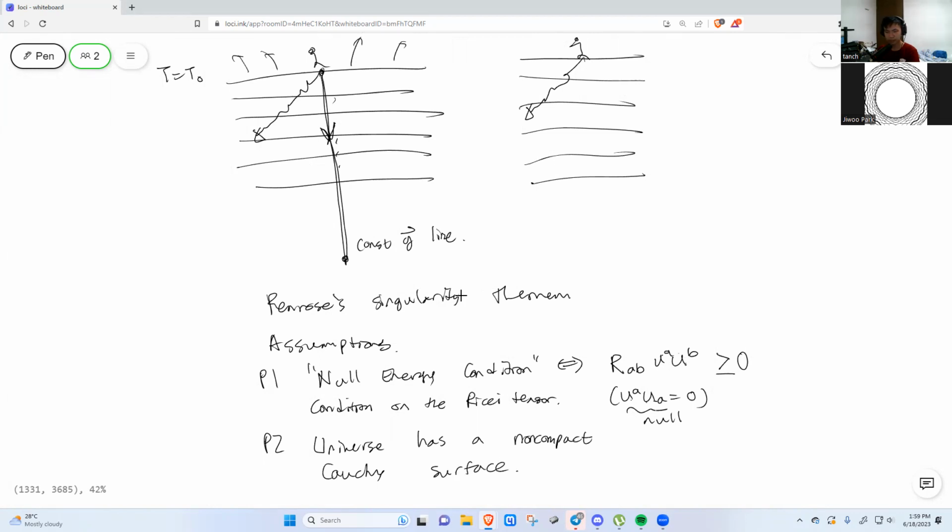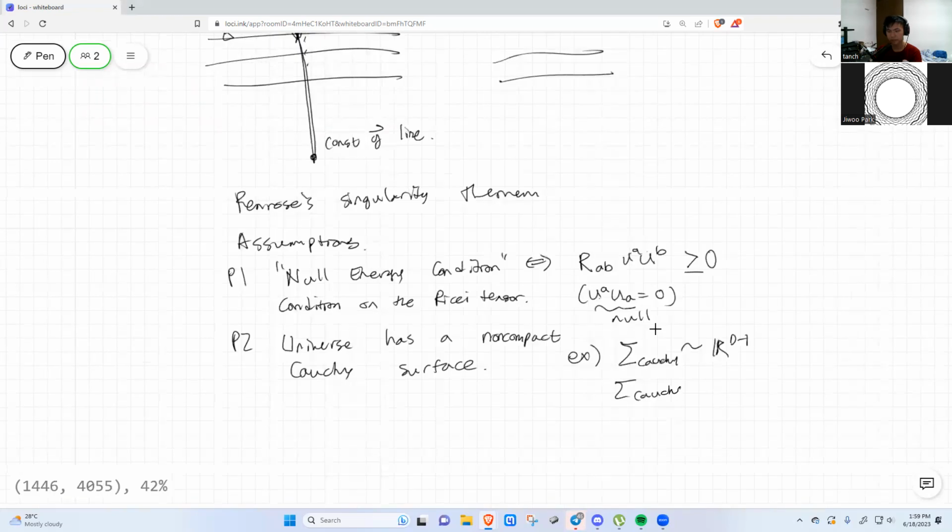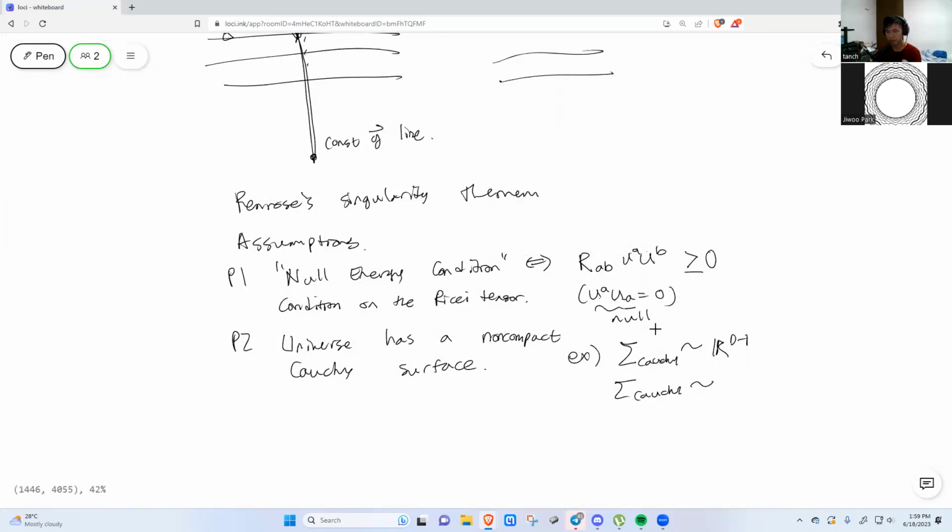For example, you can have a Cauchy surface Sigma, which is topologically equivalent to R^(d-1), but you cannot have a Cauchy surface that is topologically equivalent to S^(d-1).